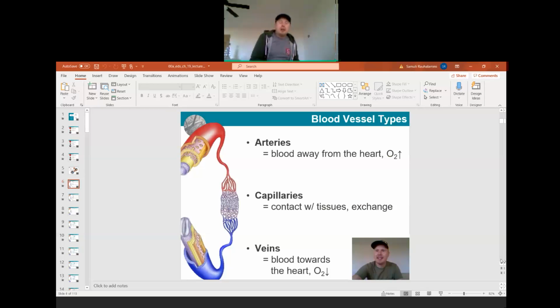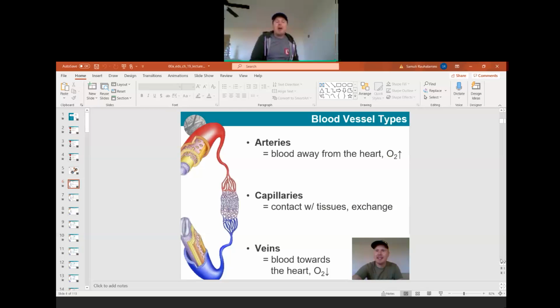Then students talk to me also often about veins, which are the blood vessels that bring the blood back to the heart in the systemic circuit, being poor in oxygen. So it's a deoxygenated blood that we have in this system. So oxygen has been already used in other parts of the body before it returns back to the heart.